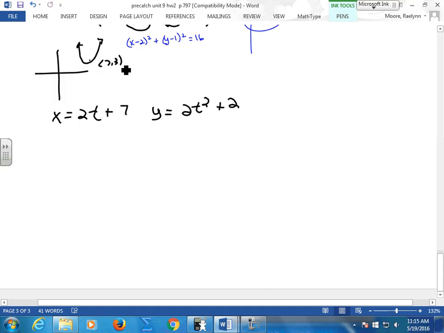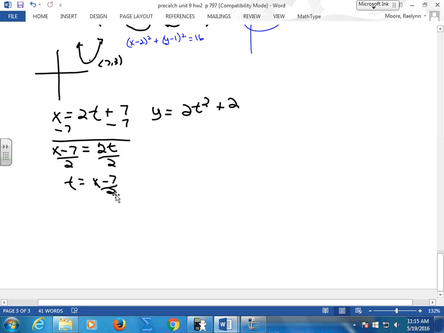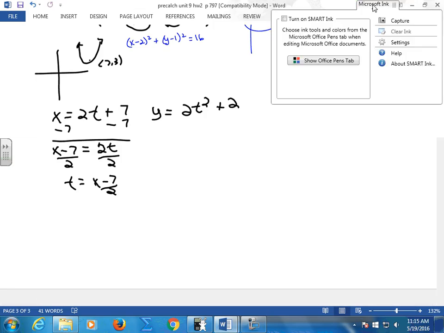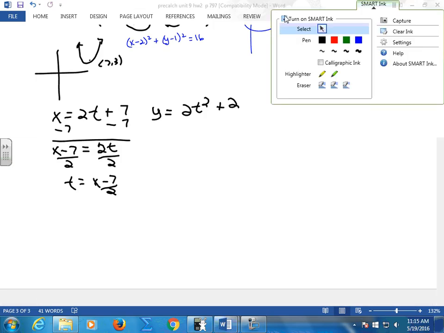We solve this guy for t equals in terms of x. So we subtract 7. We got to get 2t by itself. We got to solve for t, so we divide by 2. Doesn't matter how bad this looks, just leave it like this. Now, you're going to come here into the next equation, and you're going to substitute it in.